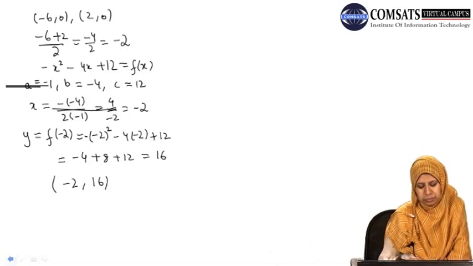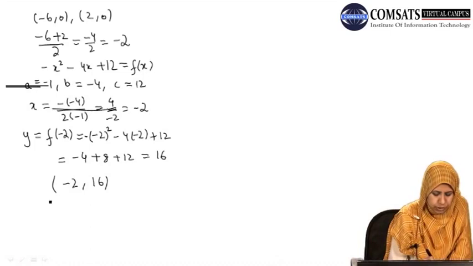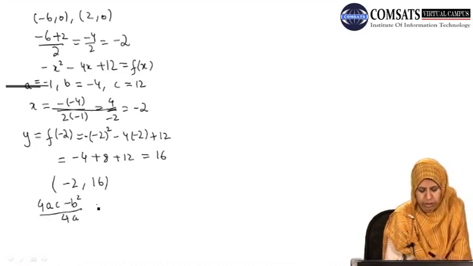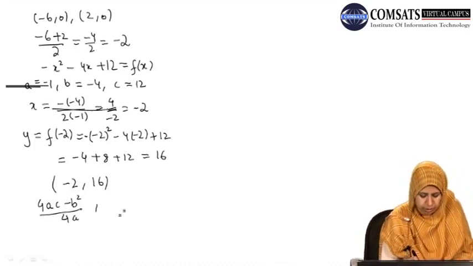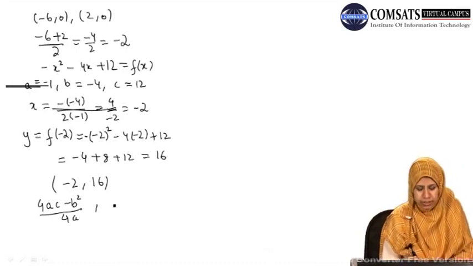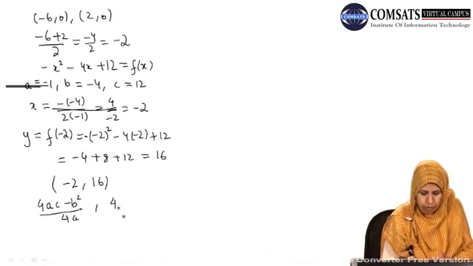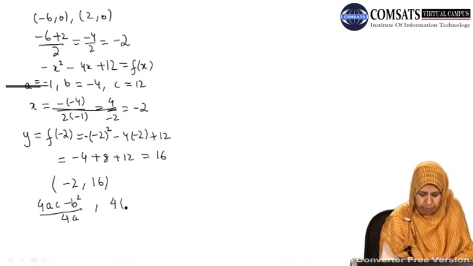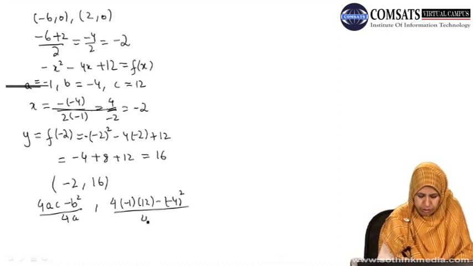If we want to find the y coordinate of the vertex by using the formula, which is (4ac - b²) over 4a, what do we get? We should get the same answer. By putting the values of a, b and c in our formula, we obtain (4 × -1 × 12 - (-4)²) divided by 4 × -1.